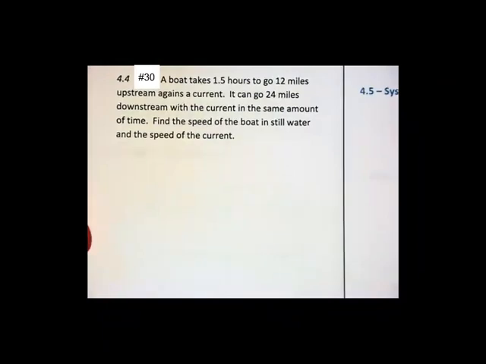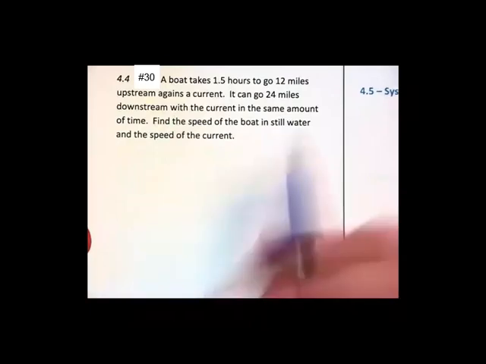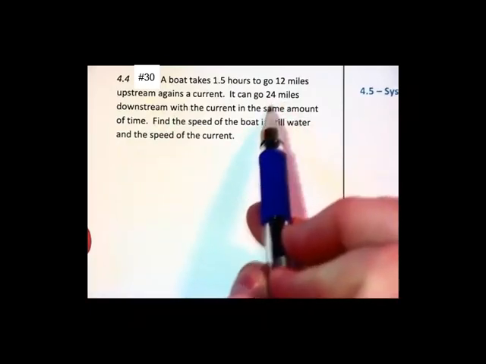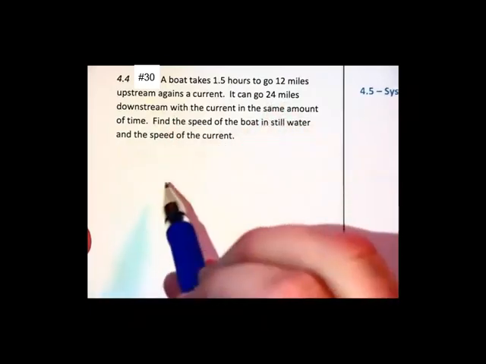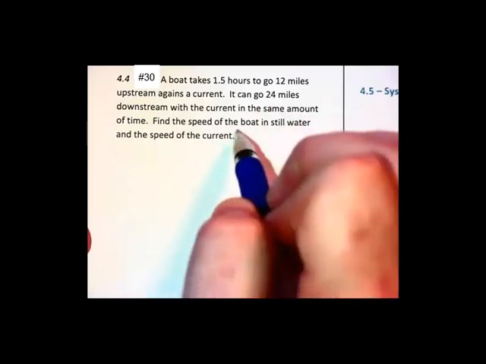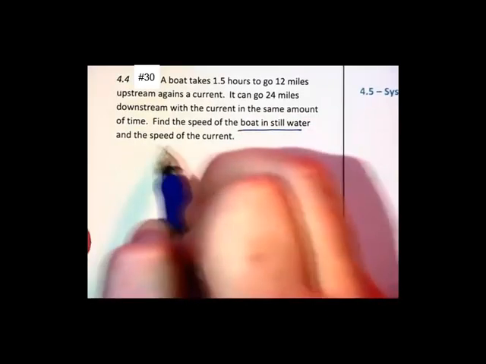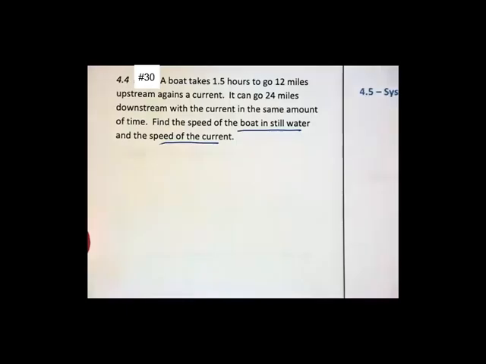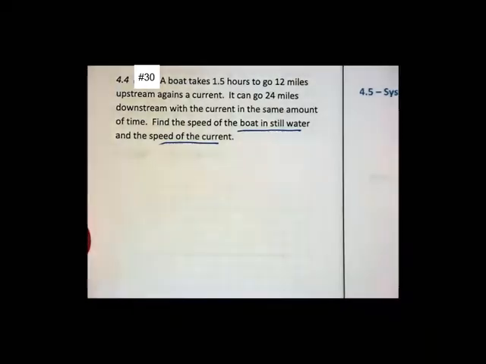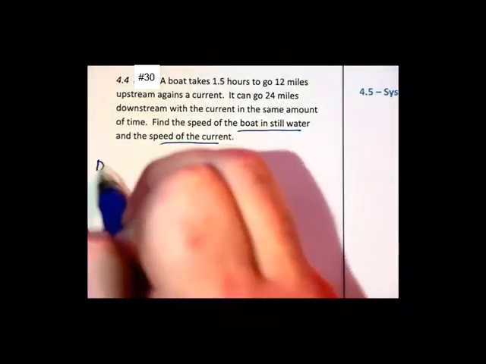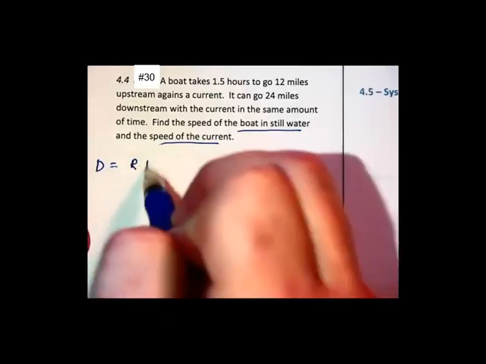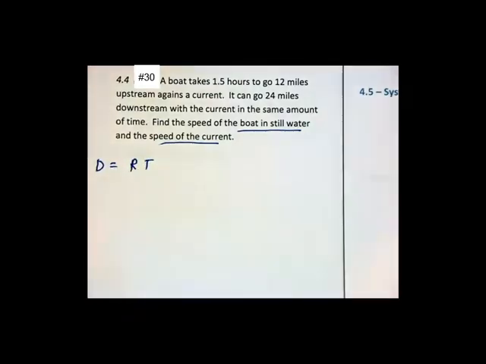It takes 1.5 hours to go 12 miles upstream against a current. You can go 24 miles downstream with a current in the same amount of time. Find the speed of the boat in still water and the speed of the current. We're looking for two different things in this problem. What we're going to do is find two different distance equals rate times time equations.